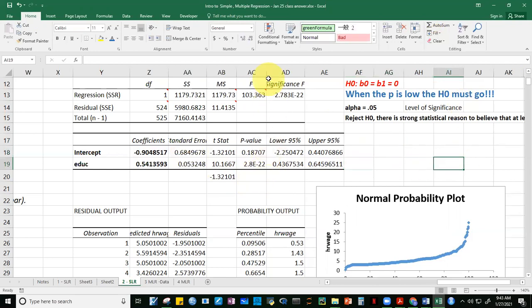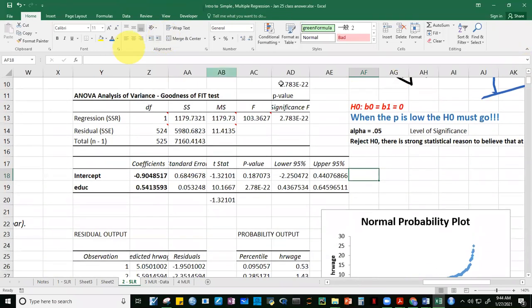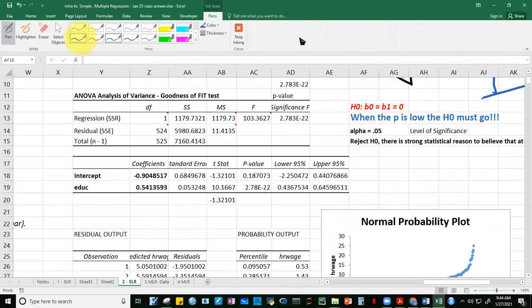And then the p-value. Now, this tells us kung significant yung parameter natin. In this case, the intercept, the p-value is 0.18. So what's our conclusion? First, we know that may null hypothesis tayo dito, guys, no?